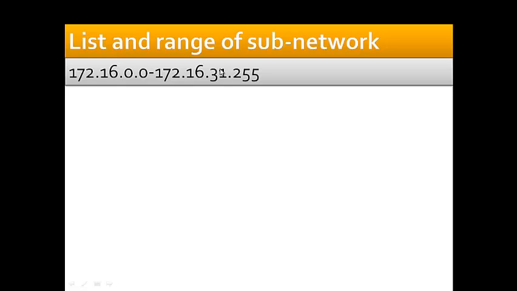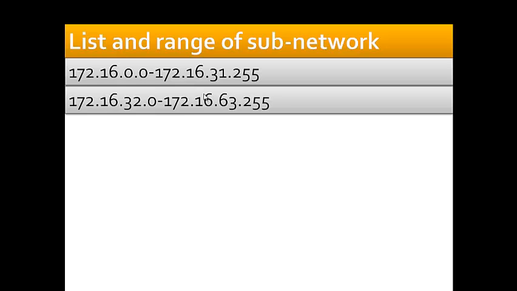Why is it 31 here? Because our range is 32, so 0 to 31, right? It is 32 in the third octet, and in the fourth octet it is 255, because at the broadcast IP every bit is on. So when every bit of the fourth octet is on, it would be 255. This is the first subnetwork of your subnetting.